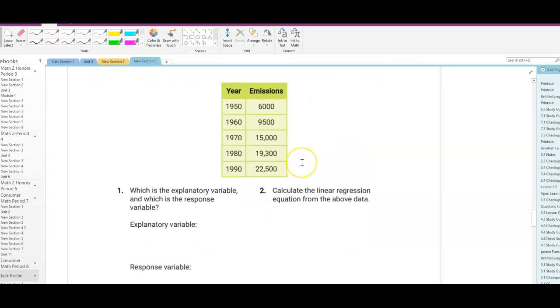Which is the explanatory variable and which is the response? Explanatory, right? Your x values represent the year, and the response values, which are your y values, represent the emissions. Okay? Now, they want us to calculate this linear regression model.